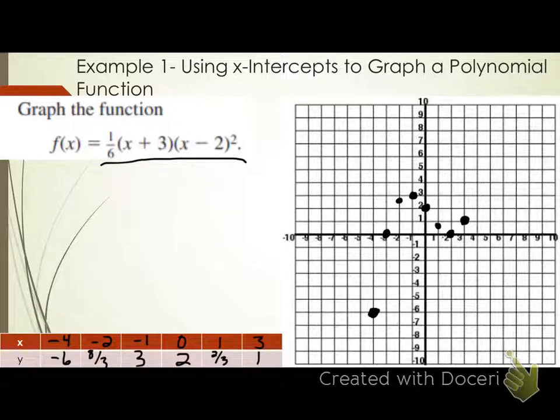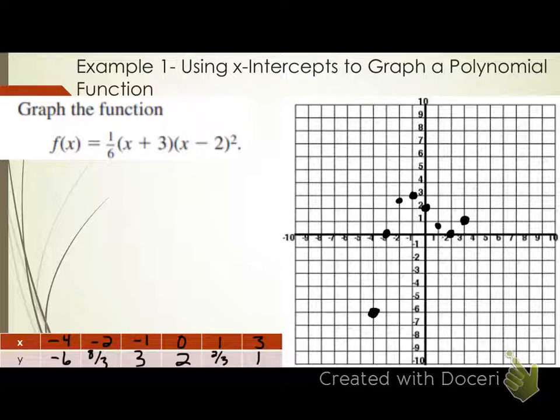That would give me a quadratic, degree 2. If I multiply that by x plus 3, the degree would be 3. It'd be a cubic function. And if I multiplied my 1/6 through all that, my leading coefficient would be 1/6. So my leading coefficient is positive, and my degree is odd.